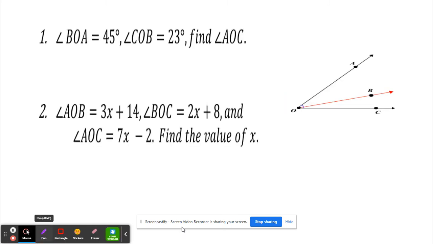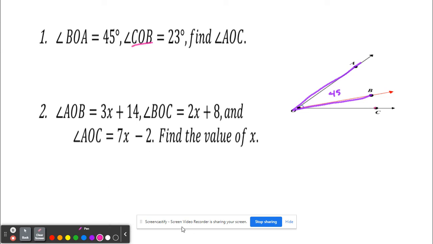Let's do a couple of these together. So we'll start off pretty basic. BOA. We can say them in any order, so BOA or AOB are the same exact angle. Notice the O is in the middle. So if I start at B, trace over to O, A, this is the measurement it's talking about. So this is 45. And then the second one is COB.